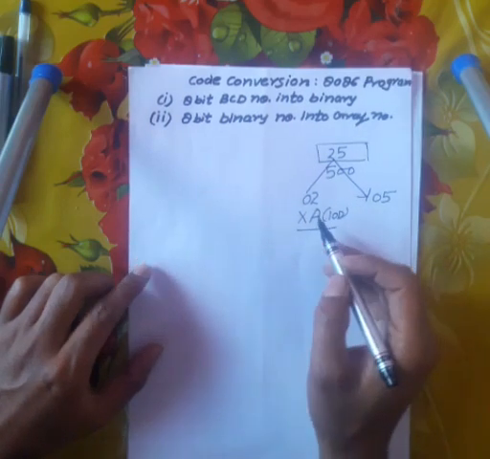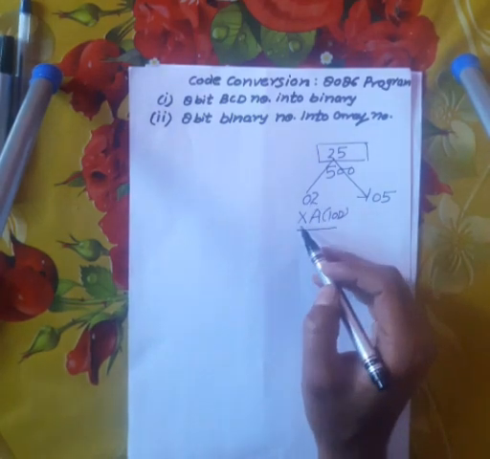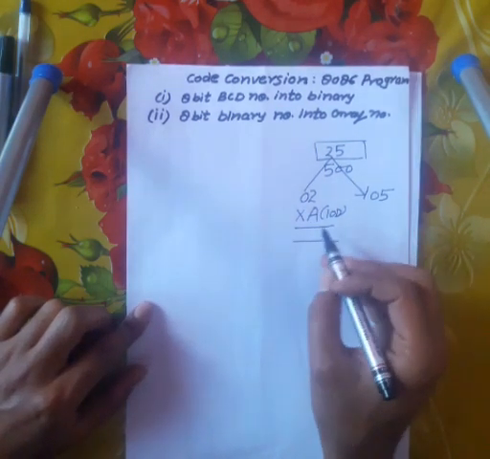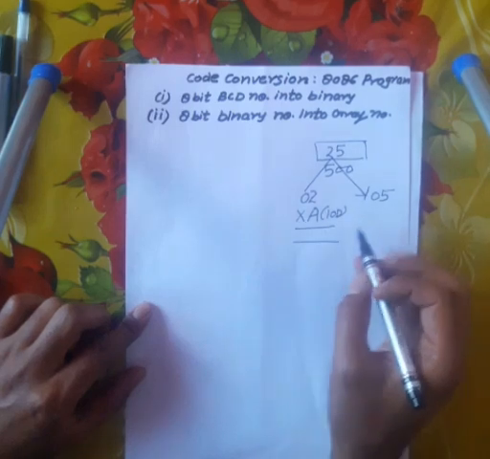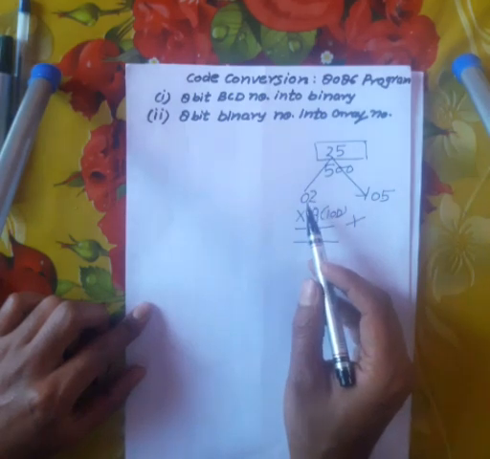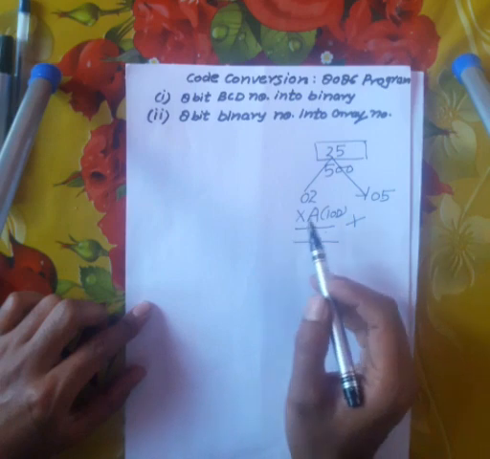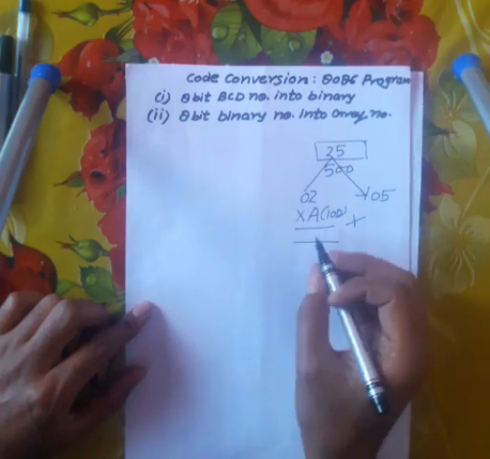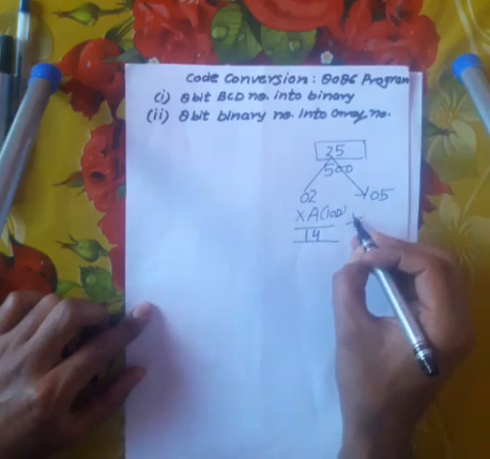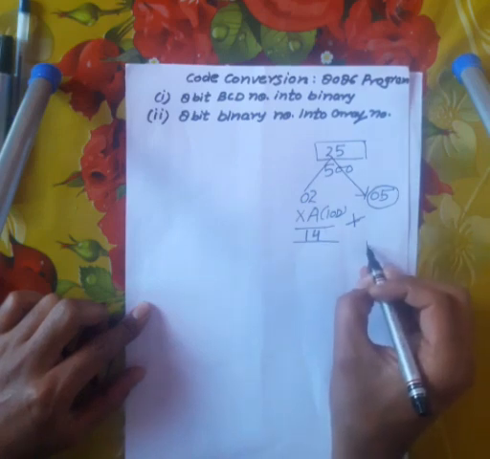You have to multiply higher order nibble 2 with A, and after getting result from here you will add this into 5. What is A into 2? A into 2 is 20. It is greater than F, so 20 minus 16, 4, and 1 carry. Now you add this 1 4 with this 5. 14 plus 5, it is nothing, 19.